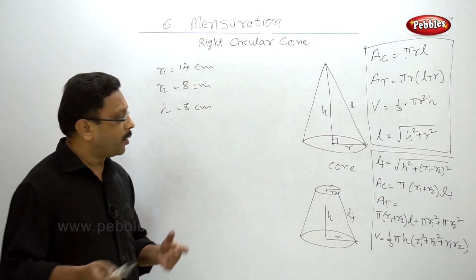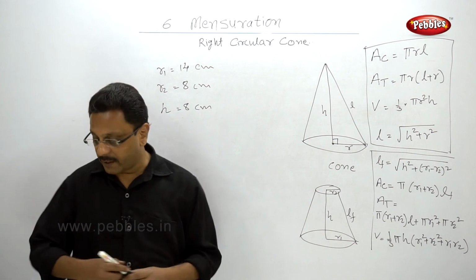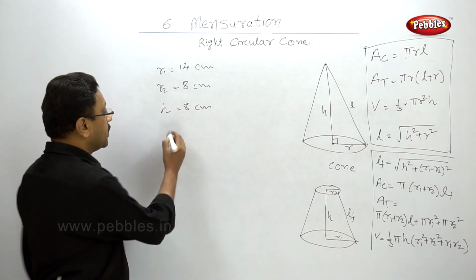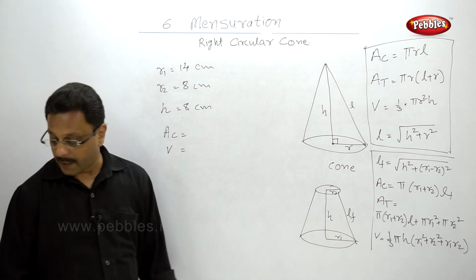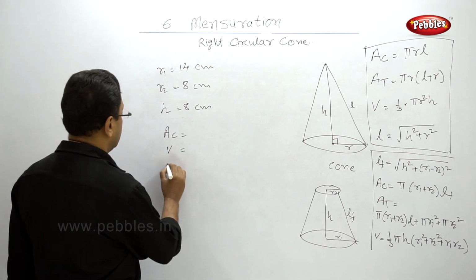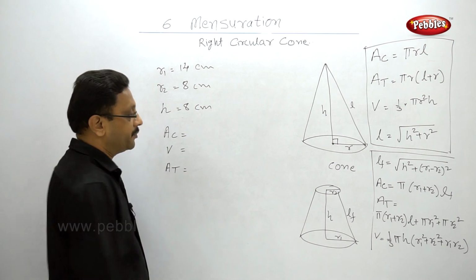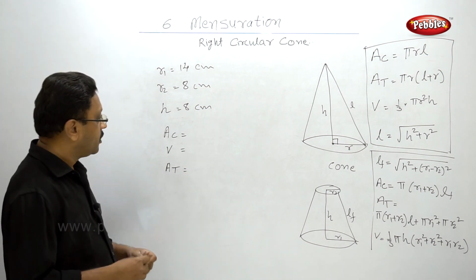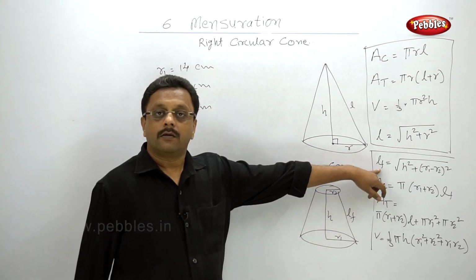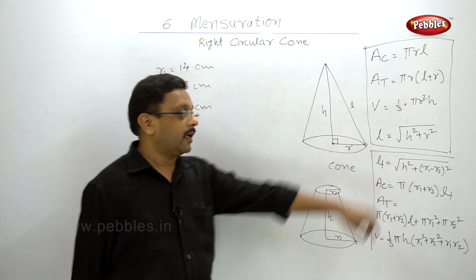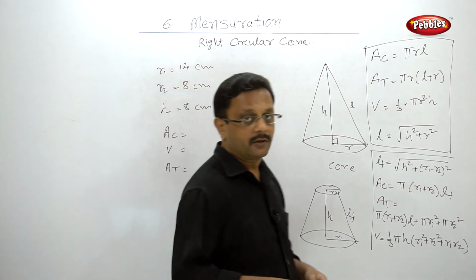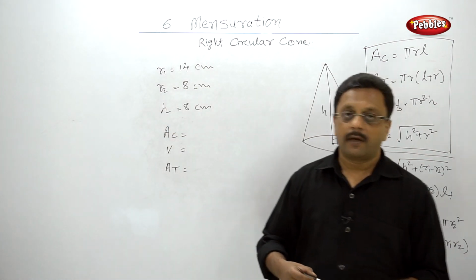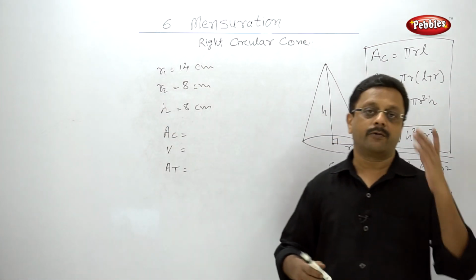So please pause your video here and find the curved surface area, the volume, and the total surface area. Okay? First find the slant height and then you can substitute in these formulas and find the answer. Please pause your video here and solve this example right now.